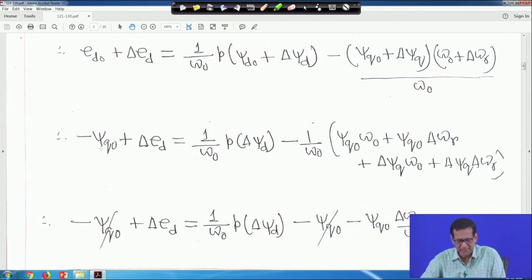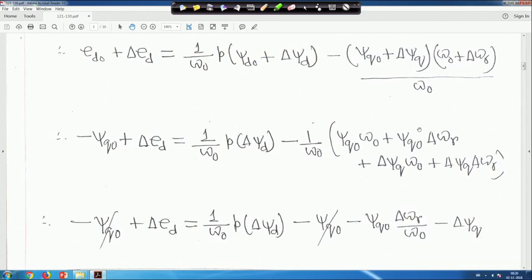then straightforward we can write minus psi q0 plus delta ED, in between steps 1 and 2 you do yourself, then some time will be saved for me, right, is equal to 1 upon omega 0 p delta psi d minus 1 upon omega 0, you multiply all, right, and simplify, it will be psi q0 omega 0 plus psi q0 delta omega r plus delta psi q omega 0 plus delta psi q delta omega r, right.